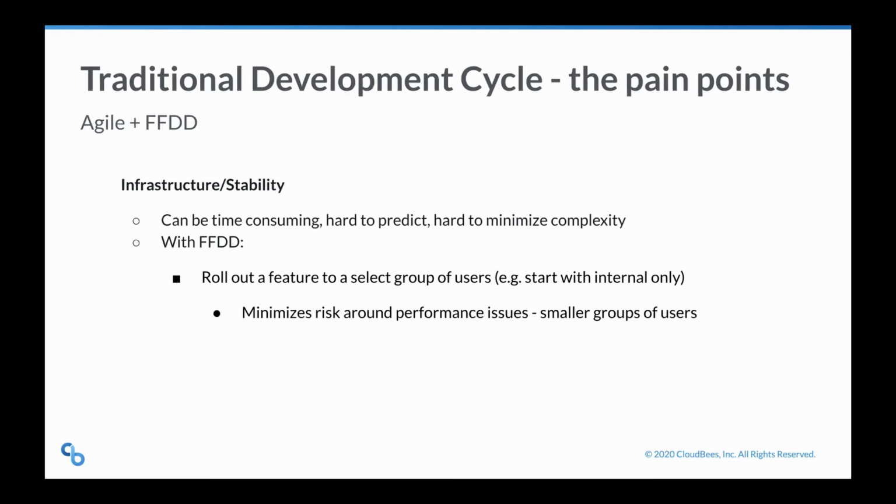You can say, hey, I only want my QA team and my product team to look at this, or you can talk to some of your VIP customers or partners and open the feature to them. And of course, you don't have to worry about your infrastructure stack as much. It allows for piecemeal planning.